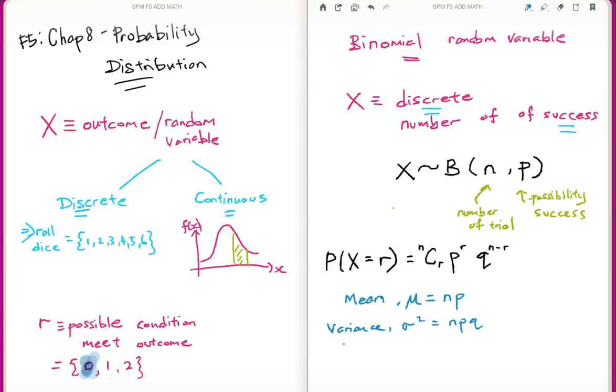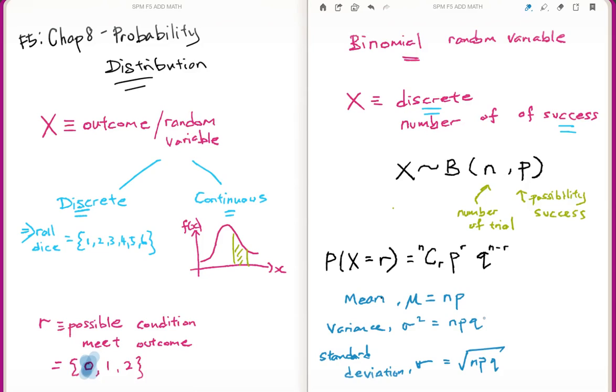They use the same terms as in statistics in Form 4. And standard deviation, sigma, would be the square root of npq. You need these 4 equations in order to solve the questions in binomial.